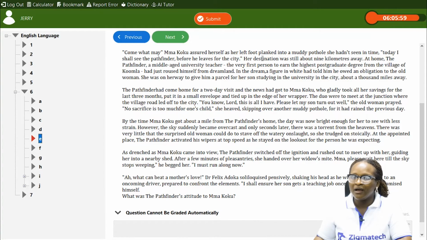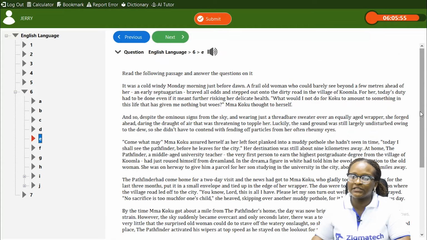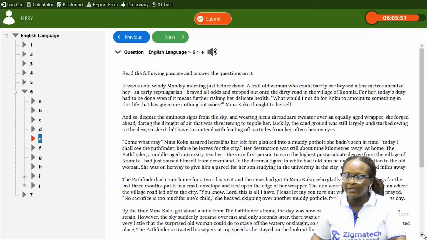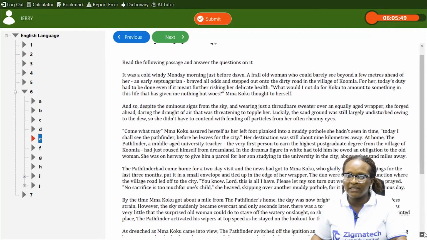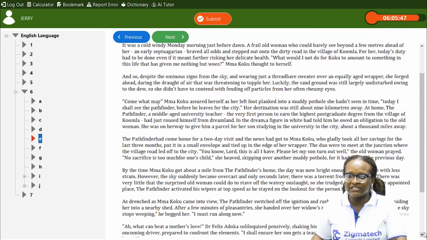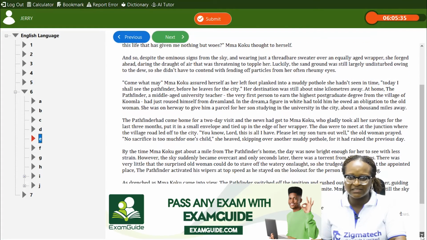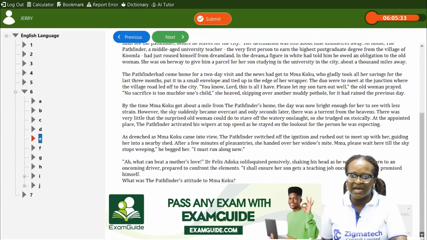Who can remember? Yes, his attitude, because Pathfinder is a man. We remember we read it somewhere where the moment he saw the woman, he left his car, rushed towards her, and helped to shade her from the rain. So that is it. What attitude is that? It's not all that the man did that you would tell us.